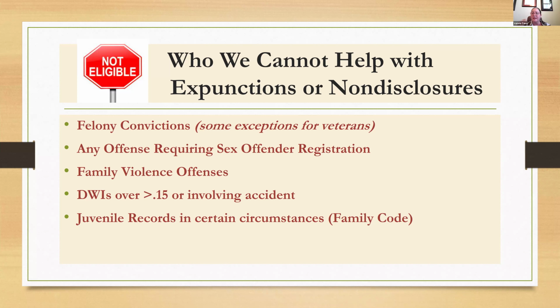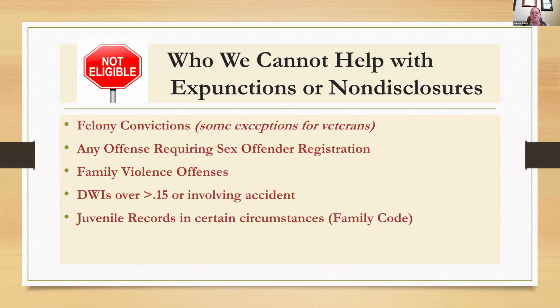But if your client calls and says, hey, I went to prison for 5 years, I want to get my record expunged, unfortunately, we can't help them. That is a guilty conviction. They can seek a pardon from the governor of the state of Texas. My response is best of luck. Let me know how that goes, because he's not generally inclined to do that.